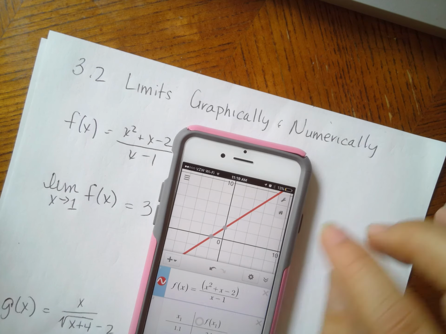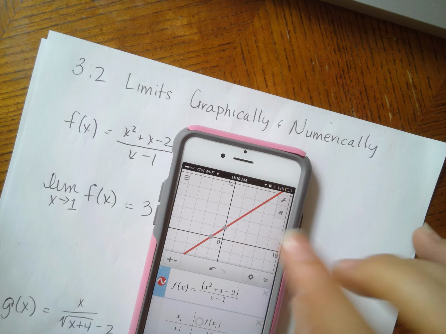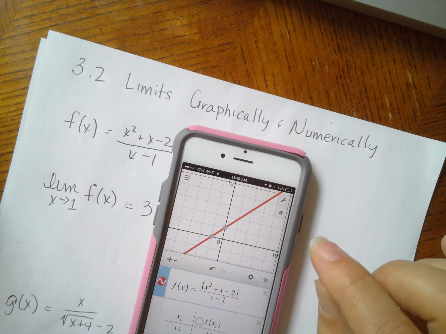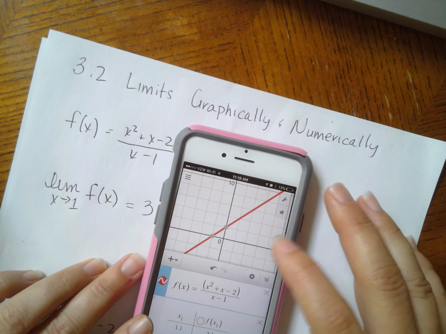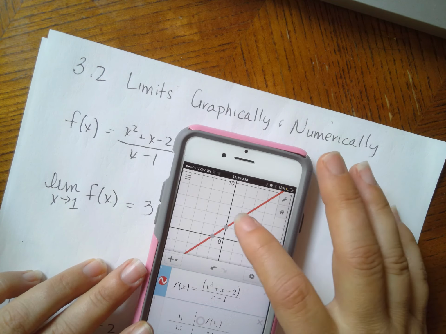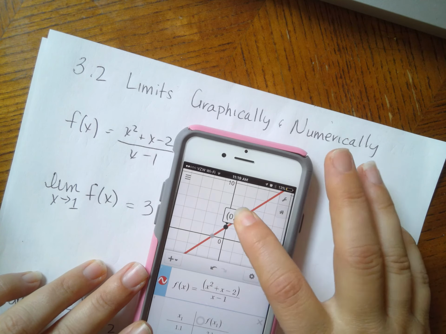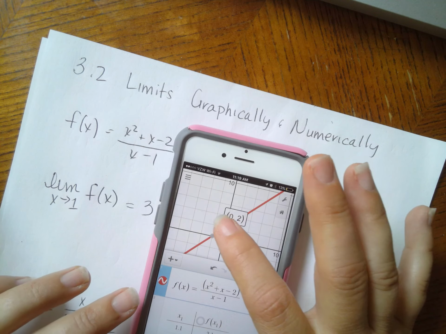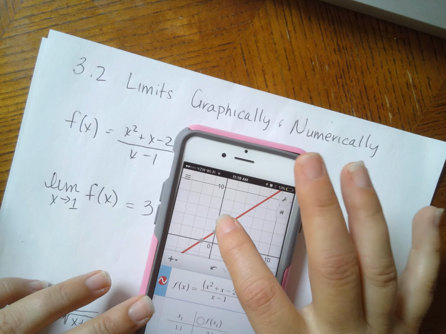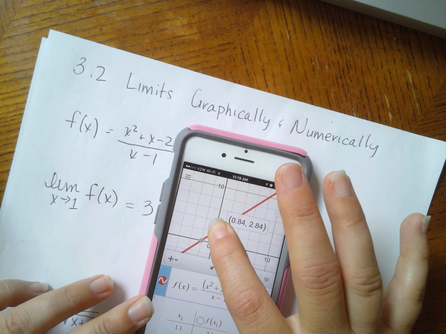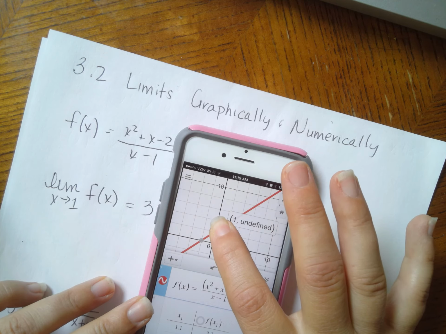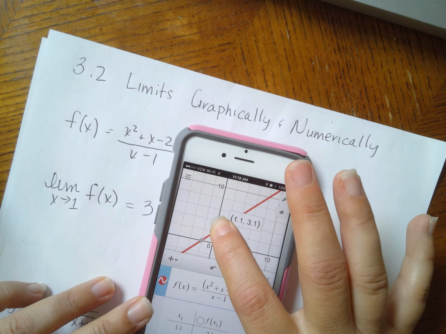But when I look at it up close, when I look really close, it's undefined there, but my graph looks like it's filled in. Okay, but my graph is still approaching the y value there. Like if you notice, let me see if I can do it again here. When I get around 1, see how my y values there are 2.9. I get closer, it flashed up 2.97 for a second.